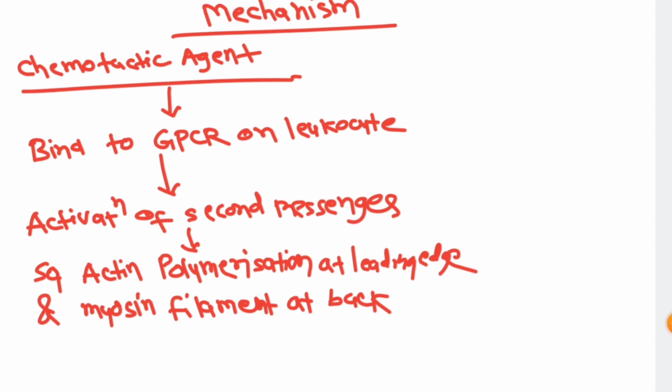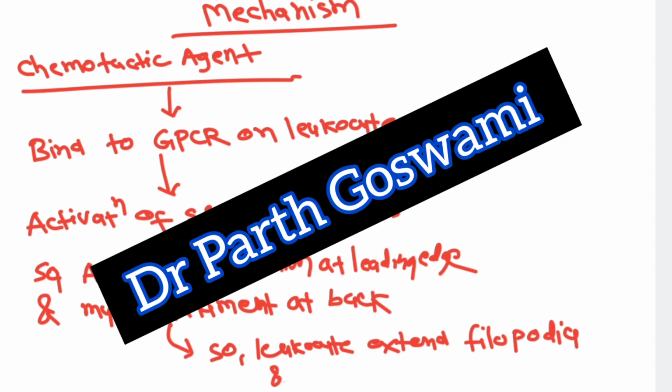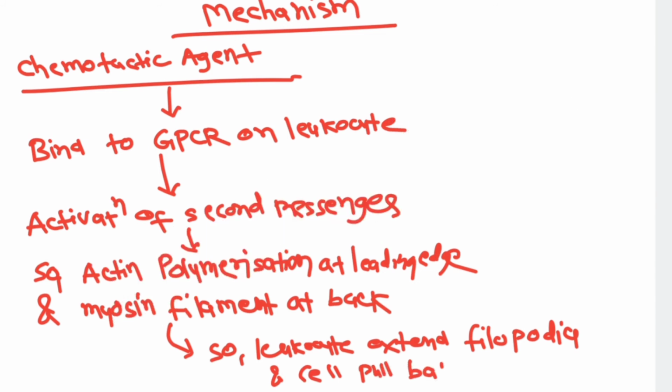So there will be actin and myosin polymerization, and so the leukocyte will extend its filopodia portion, right? It is a tail-like portion of the leukocyte. So the filopodia will be extended, and so the cell will pull back.